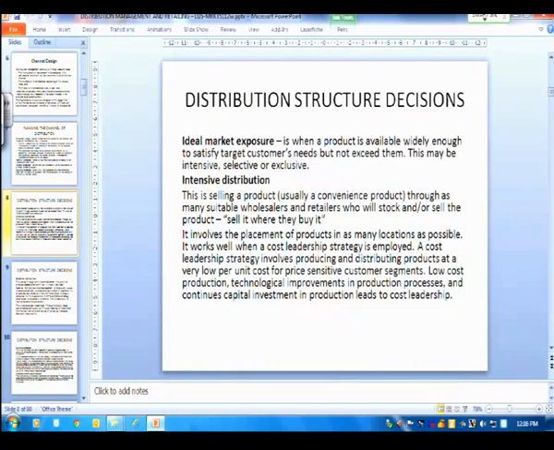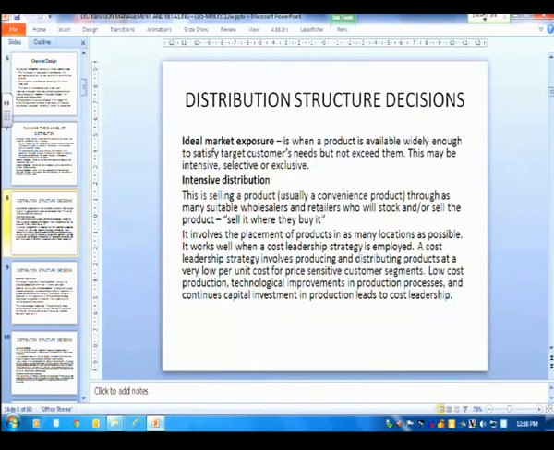Distribution structure decisions. Now, ideal market exposure. This is when a product is available widely enough to satisfy target consumers' needs but not exceed them.